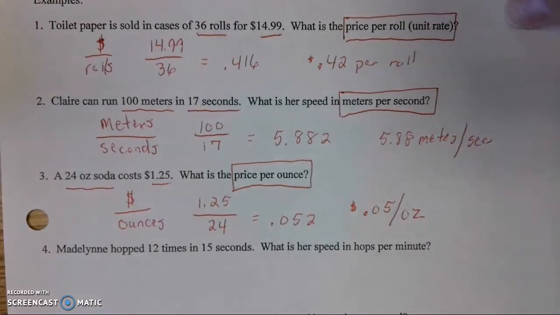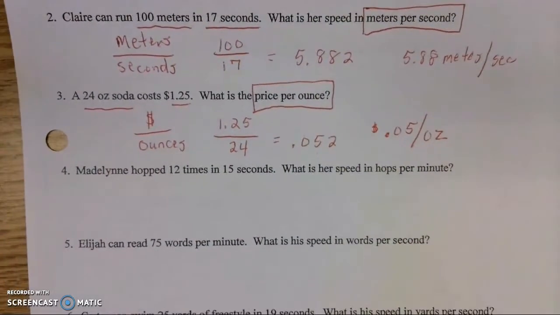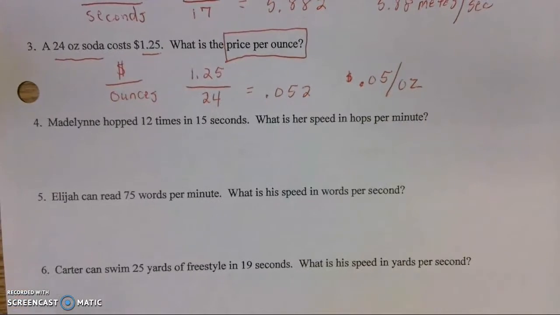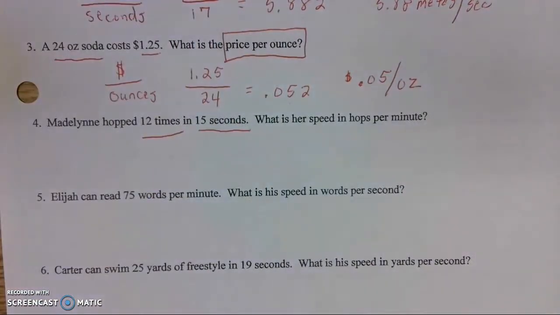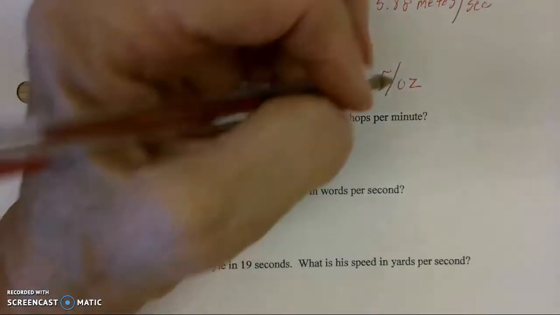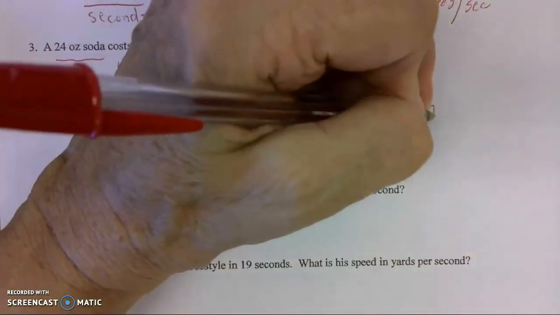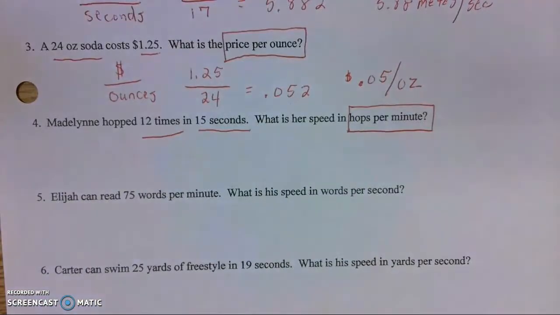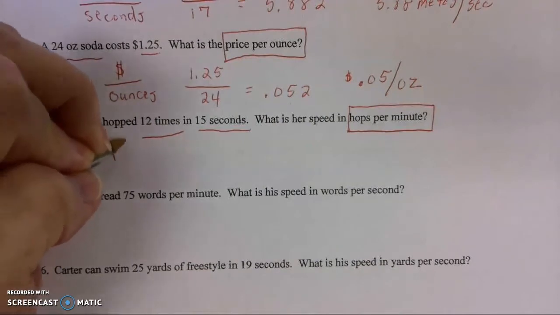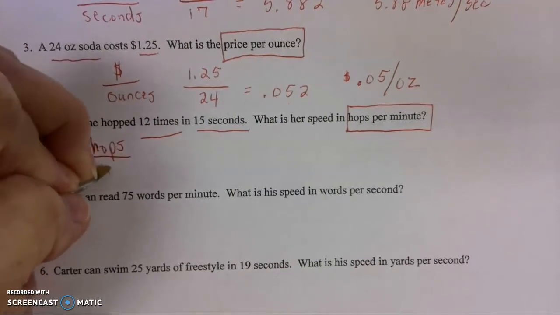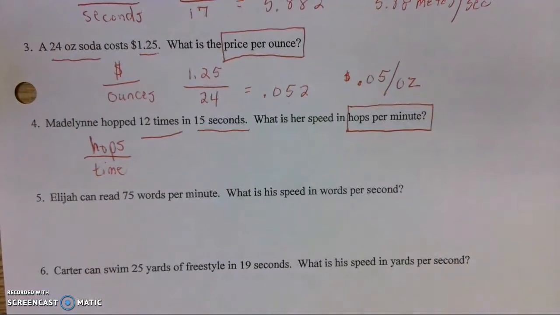Okay. Madeline hopped 12 times in 15 seconds. What is her speed in hops per minute? 12 times 15 seconds. That's what I'm going to compare. Now, let's be careful. Look at the question. What is her hops per minute? Well, I know that I am going to do hops over time.